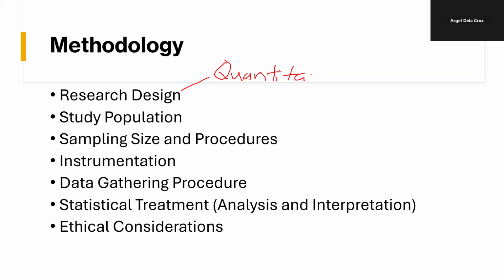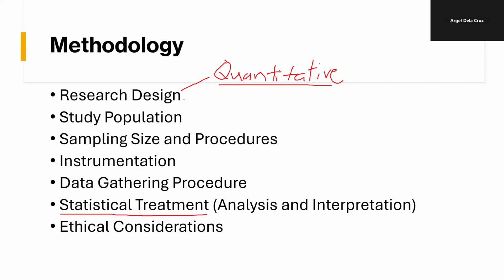So again, quantitative is a type of research that makes use of numerical data. When we say numerical data, these are data that you can subject to statistical treatment. So meaning to say, when you use quantitative research, you are using statistical treatment as your main entry.